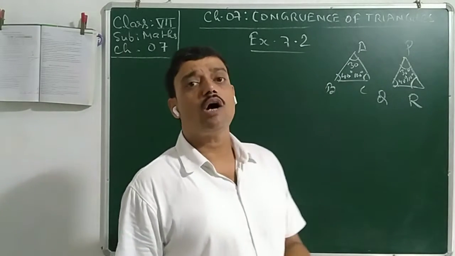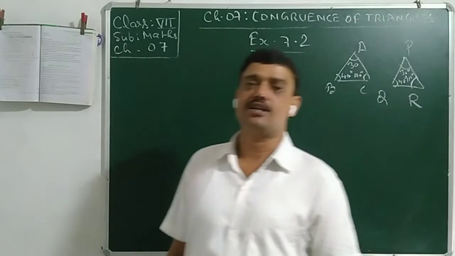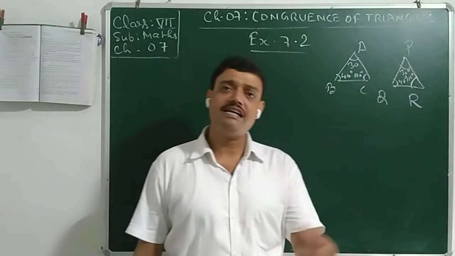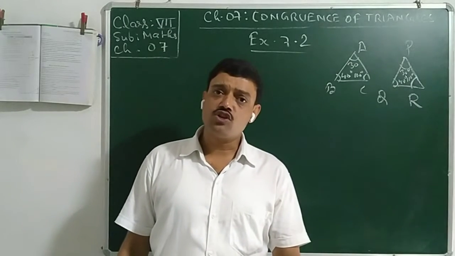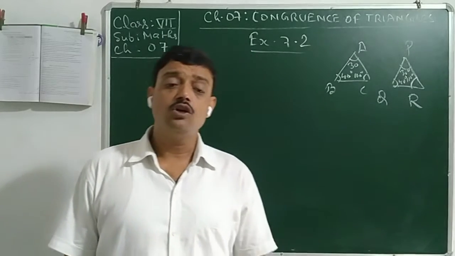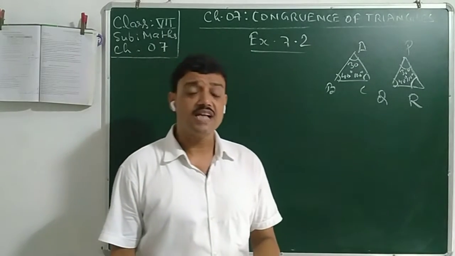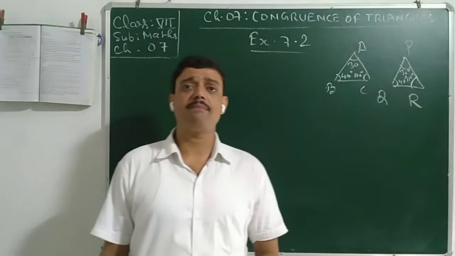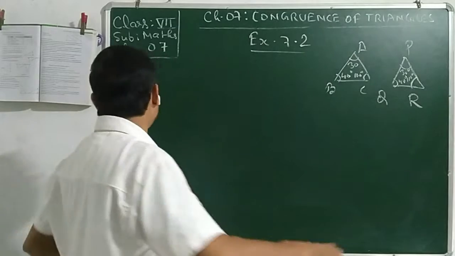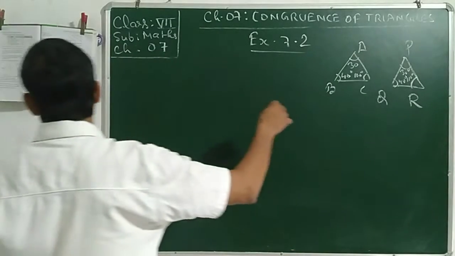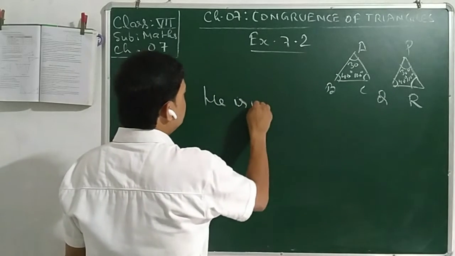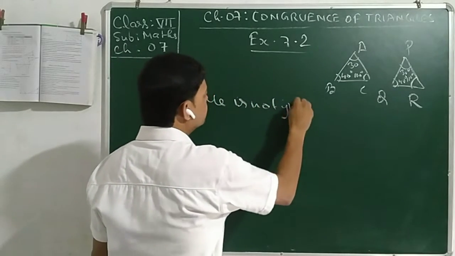I had not taught you the AAA congruence criterion, because when all the angles of one triangle exactly match those of another, but the lengths of the sides are not matching, then they are known as similar triangles. So we can write here, is he justified? He is not justified.